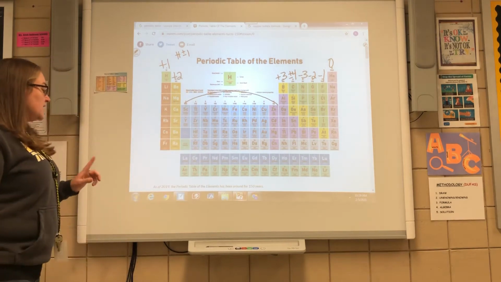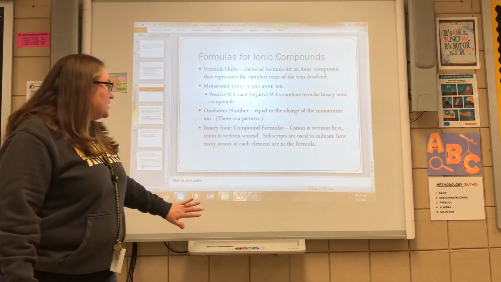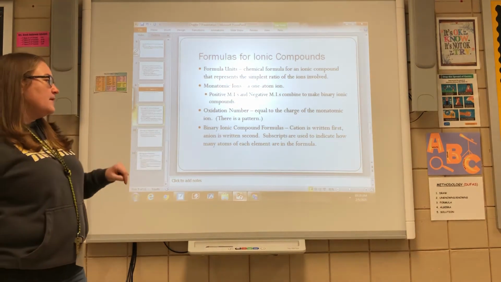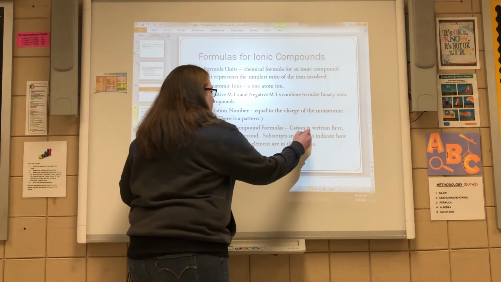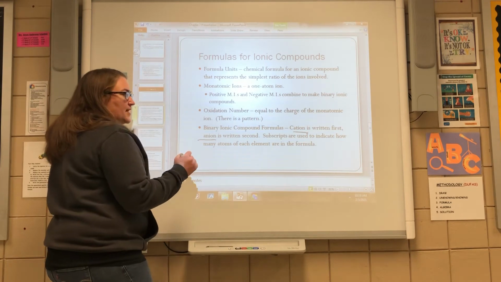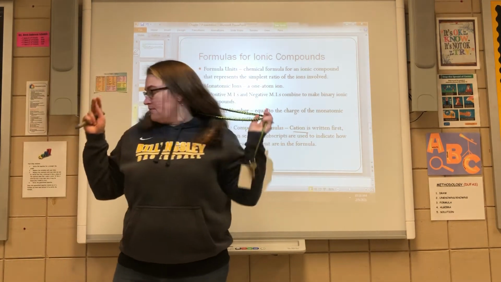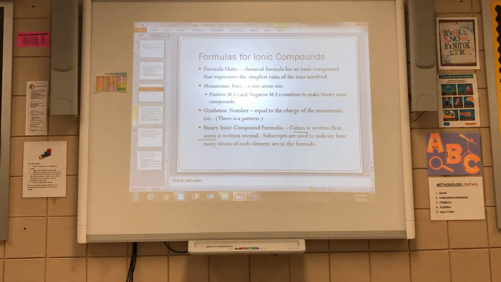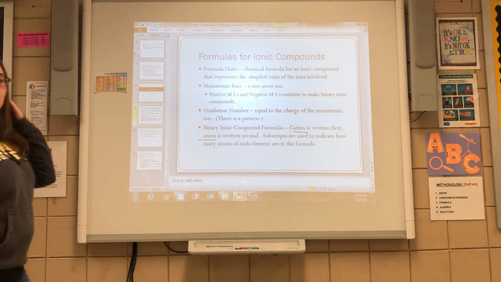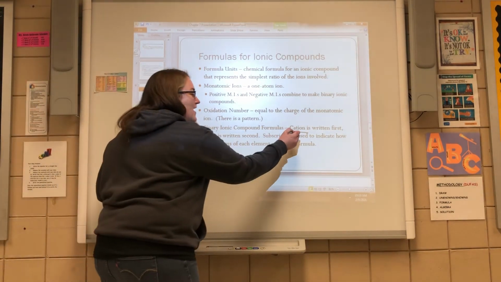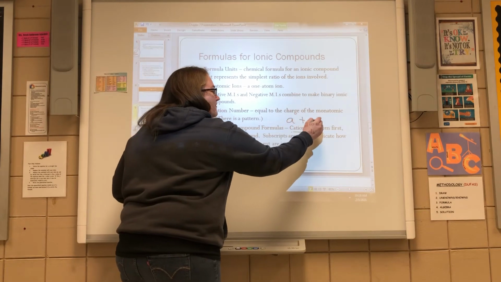All right, so let's go back to what we were saying about binary compounds. The cation is written first, and the anion is written second. Cation, what was a cation? It's like Ca plus ION. I remember doing that. It's positive because you have a positive ion.